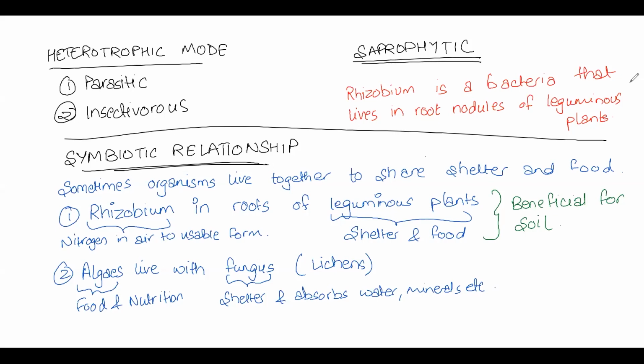The parasitic plants are dependent on other plants for their food. And the insectivorous plants depend upon the insects for their food. Is it clear to you now, the heterotrophic mode?